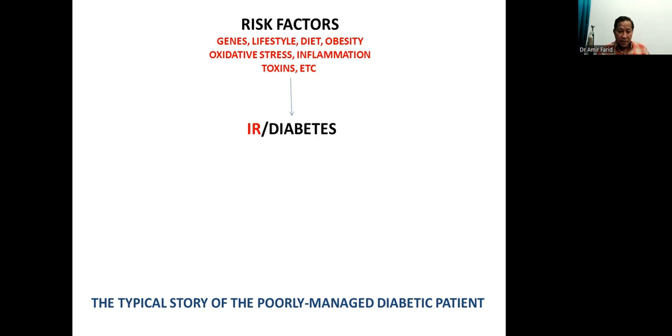Okay, and this leads to insulin resistance, and if it worsens and is allowed to develop to diabetes, then on one side you have hyperglycemia.